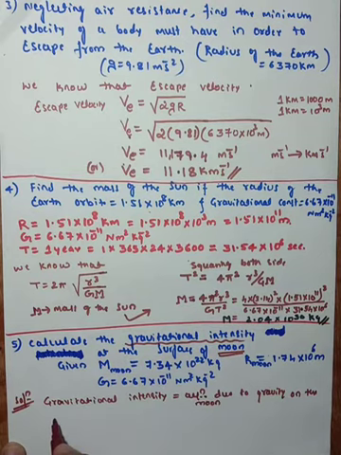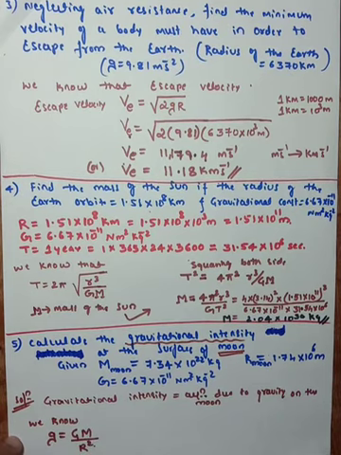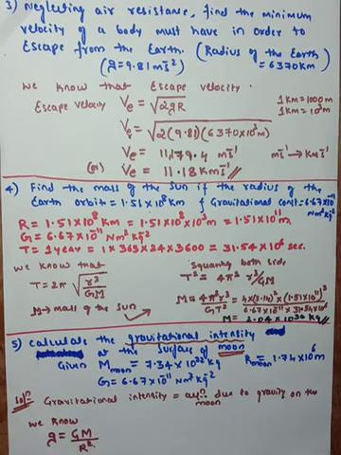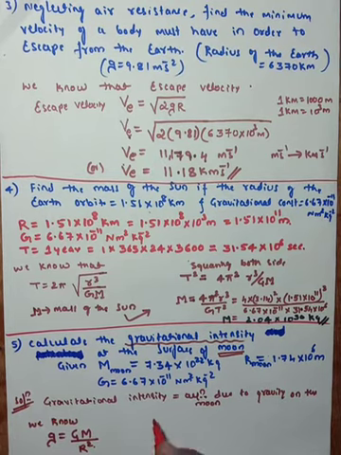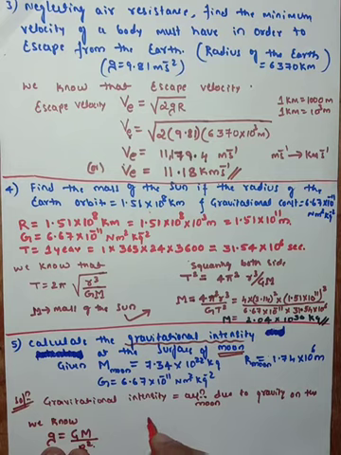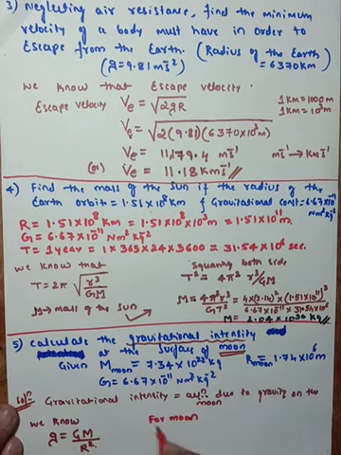Then what is the relation? We know one relation for g: g equals G M by r square. But in this case we want it for the moon, so I have to apply this for the moon.